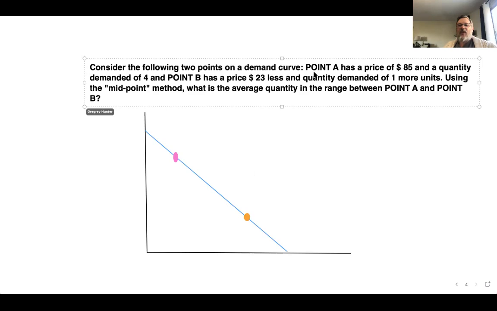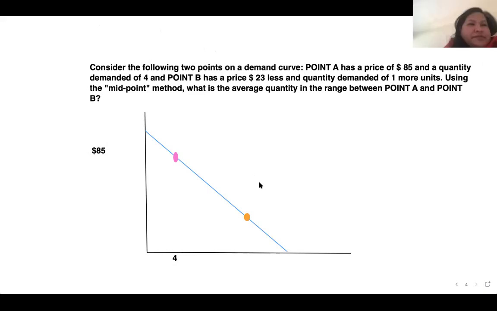So it says point A is 85 with a quantity demanded of 4. So this is 85, and we know the quantity demanded is 4. Beverly, you see that? Yes, sir.